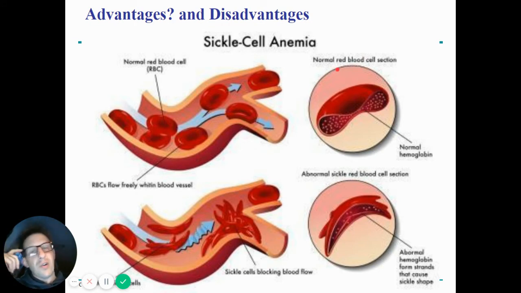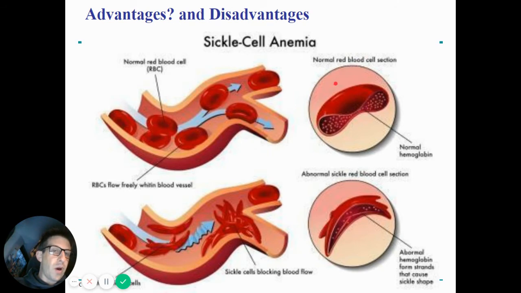Now, it turns out that people in Africa who actually have sickle cell anemia have a very large immunity to malaria. The parasite malaria just can't bind properly to these blood cells. So the people who have sickle cell anemia don't have malaria. On the flip side of that, the parasite that causes malaria can bind really well to these right here.